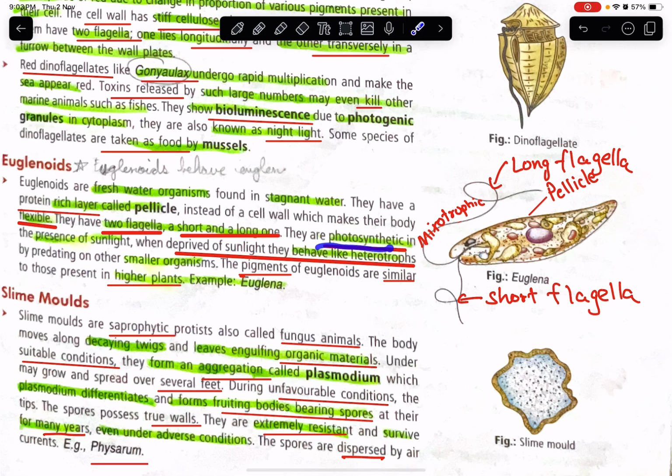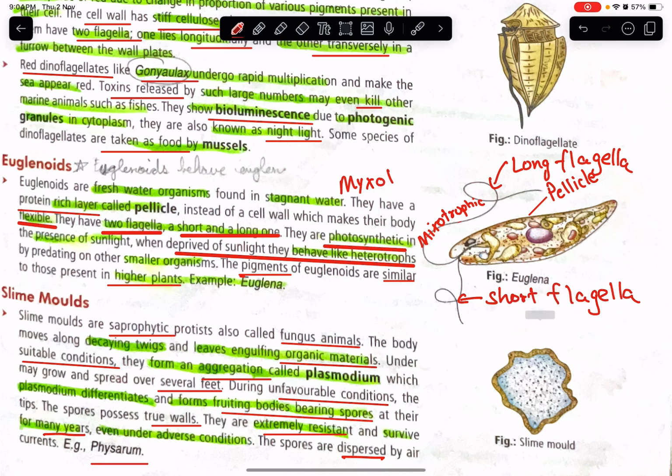They are photosynthetic in presence of sunlight. This is very important. They are photosynthetic in presence of sunlight, but when they are deprived of sunlight, they behave like heterotrophs. And when they are heterotrophs, they predate on smaller organisms. Means they show two kinds of nutrition, which is known as mixotrophic nutrition. I'm writing it here for you.